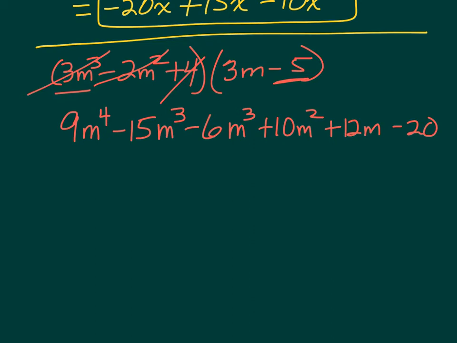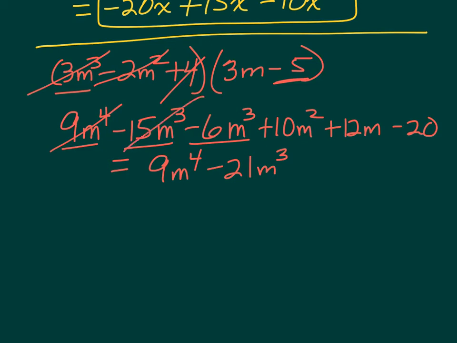Okay, now once you get done distributing, we're just going to combine like terms. So what have I got? I got a 9m to the 4th, and that's the only m to the 4th term I have. Negative 15m cubed and negative 6m cubed would be negative 21m cubed. Notice I'm not doing anything with the exponents there because I'm just combining like terms. I only add the exponents when I multiply. Okay, I've got this 10m squared.